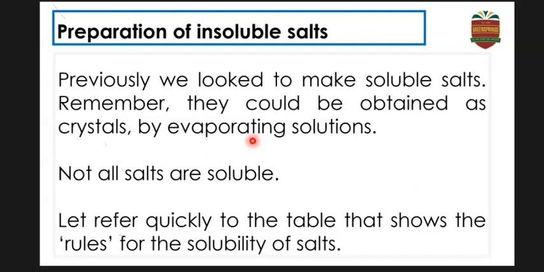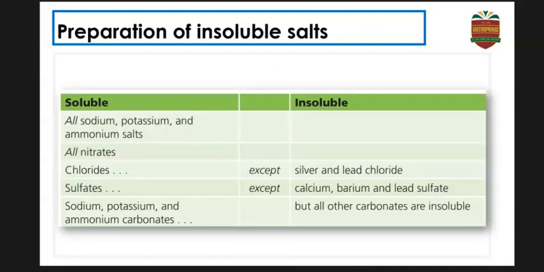So when we say a salt is insoluble, we are simply saying that the salt cannot dissolve in water. Soluble salt can dissolve in water. Insoluble salt cannot dissolve in water. So the table of solubility will help us to know the salts that are soluble and those that are insoluble. So, a quick review of the table of solubility.